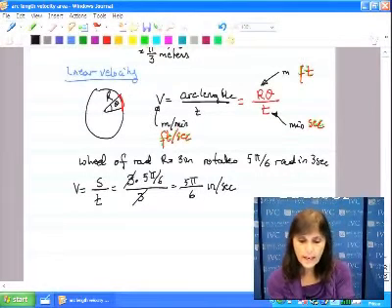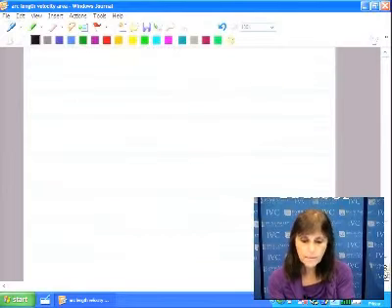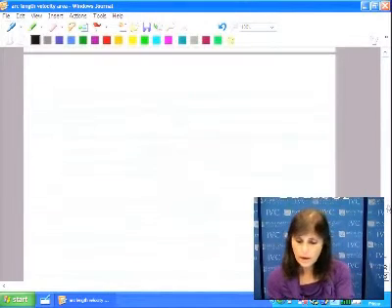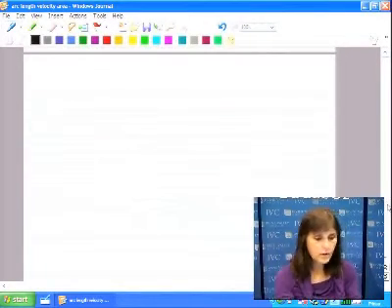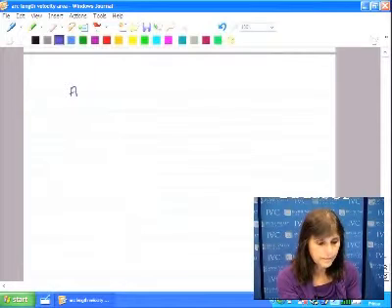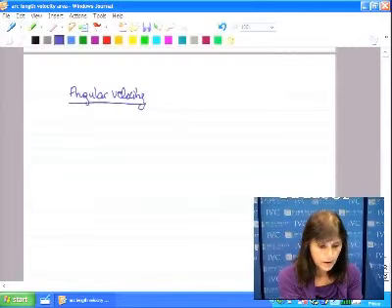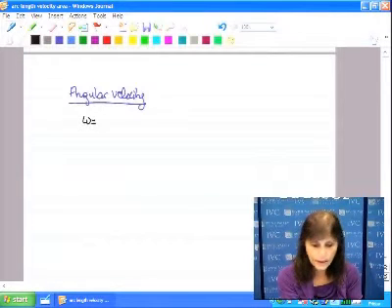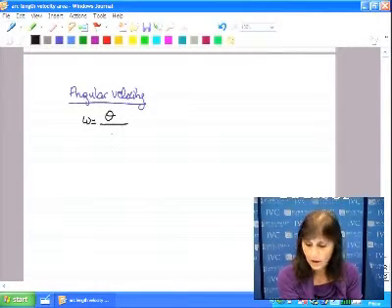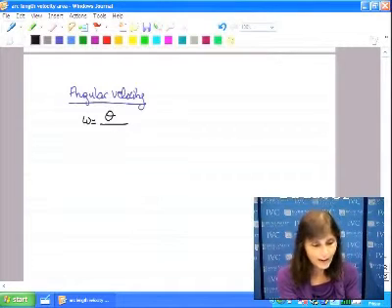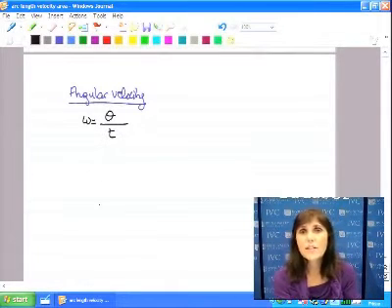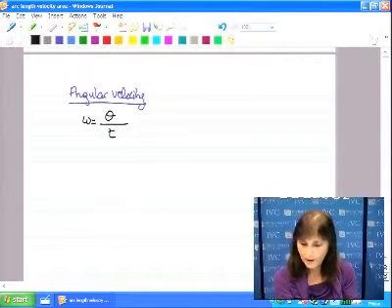Okay, let's go to the next concept. That one is angular velocity. It's given as omega, and that's the angle divided by time. How many degrees or how many radians did you travel in a certain amount of time?